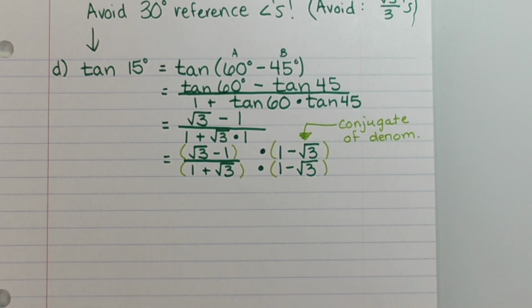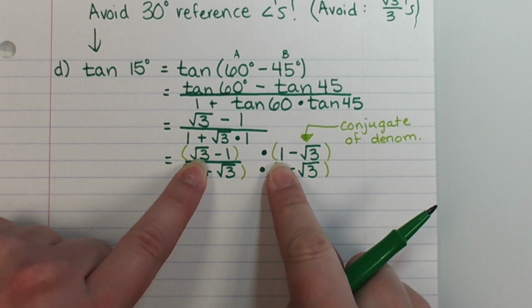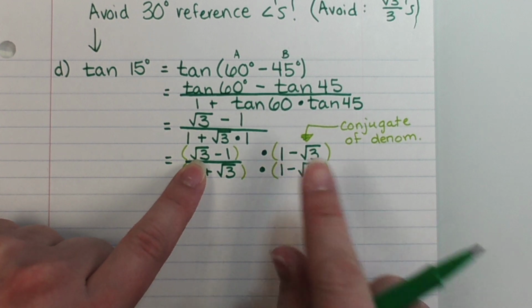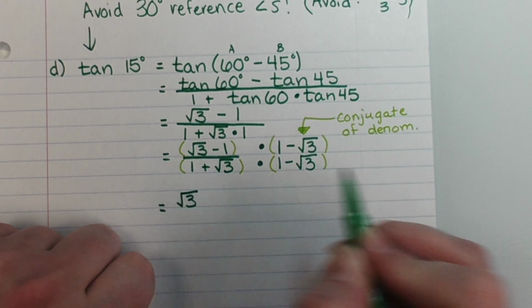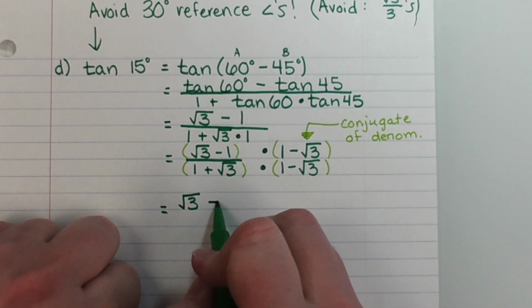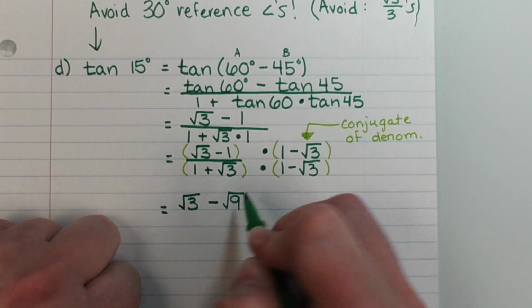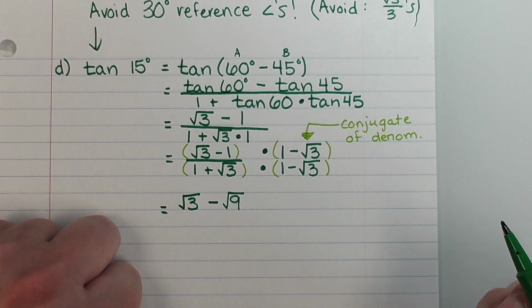I'm going to have to do some FOIL. Both top and bottom. Square root of 3 times 1. At least it's easy multiplication. Square root of 3. Square root of 3 times a negative square root of 3. Negative square root of 9. If you knew that was negative 3 right off, go for it.